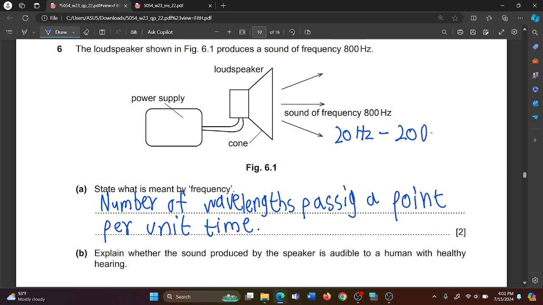That is 20 kilohertz, in other words. So a healthy human can hear within this range. So we can say that 800 hertz lies within this range.